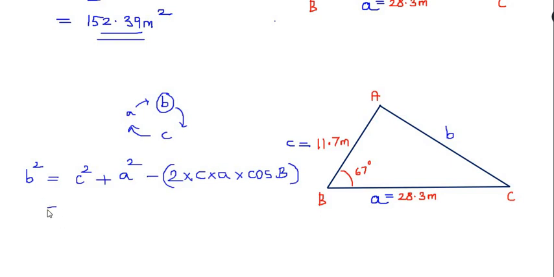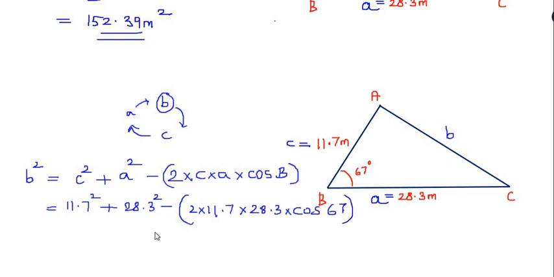Now let us start substituting the values here. c is 11.7, so c squared becomes 11.7 squared, plus a is 28.3, so a squared becomes 28.3 squared, minus 2 times 11.7 times 28.3 times cos of angle B, which is 67 degrees.